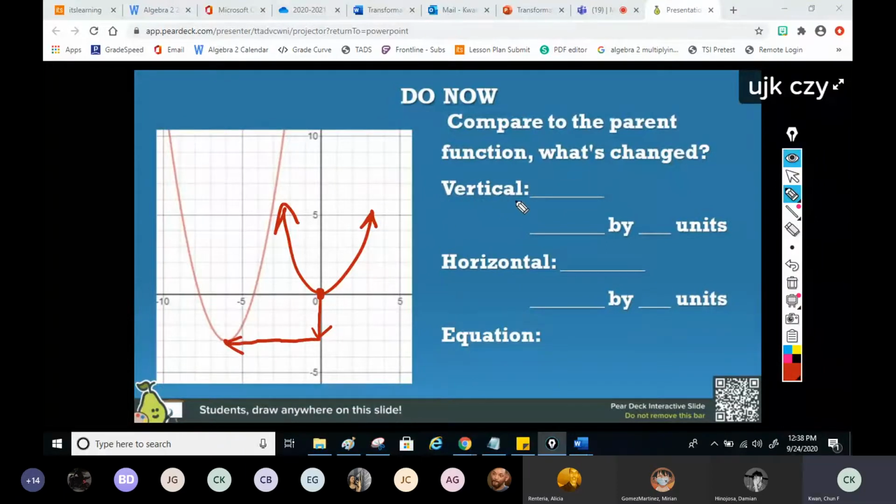So is there any vertical transformation? The answer is yes. It moves down by 3 units. From here, goes down 3 units, and then it stops right here. And then is there any horizontal transformation? The answer is yes. It shifted left. It shifted left by 6 units.